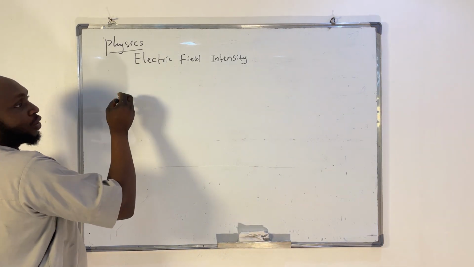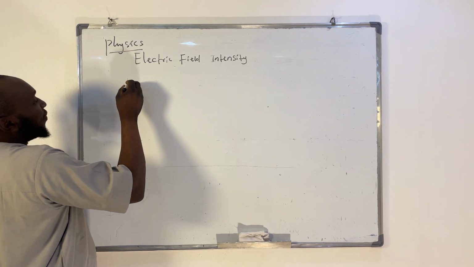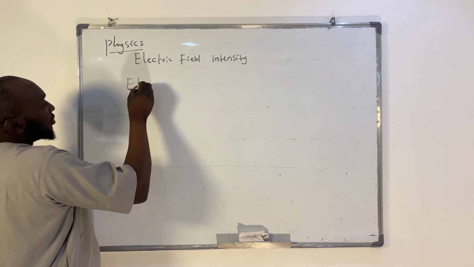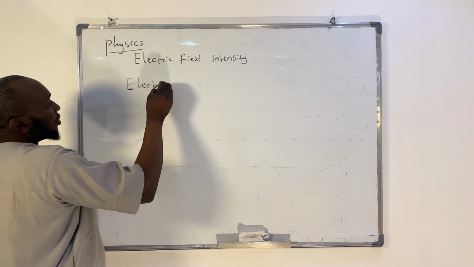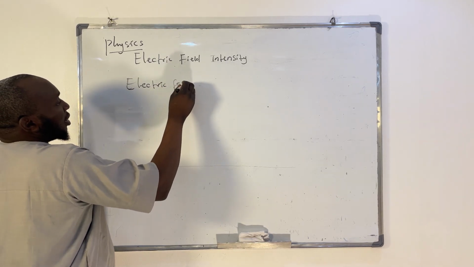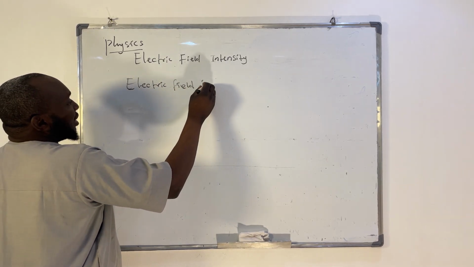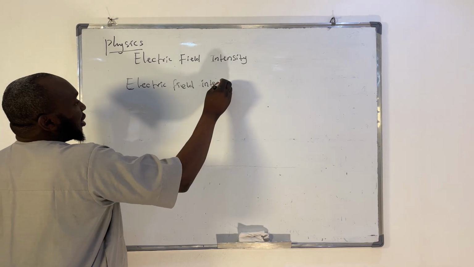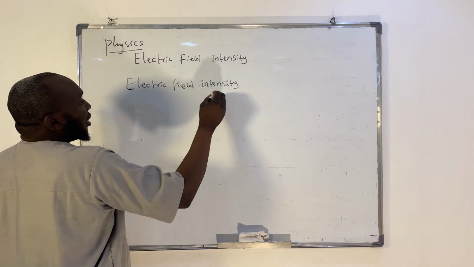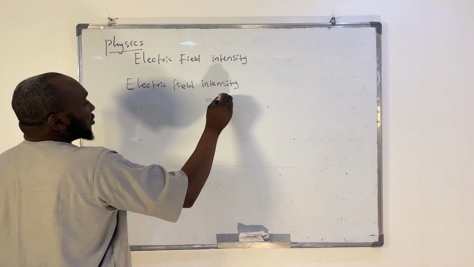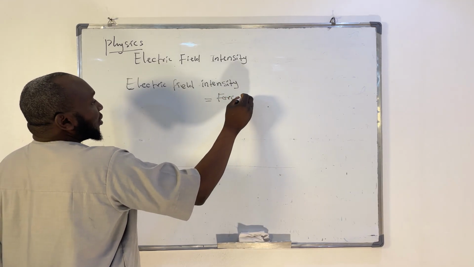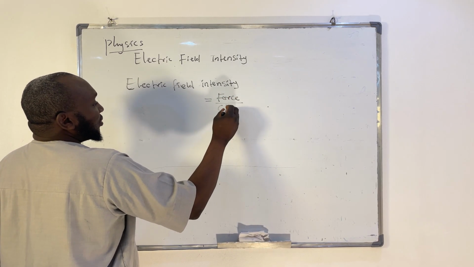So from that definition, we say that electric field intensity is force over charge.